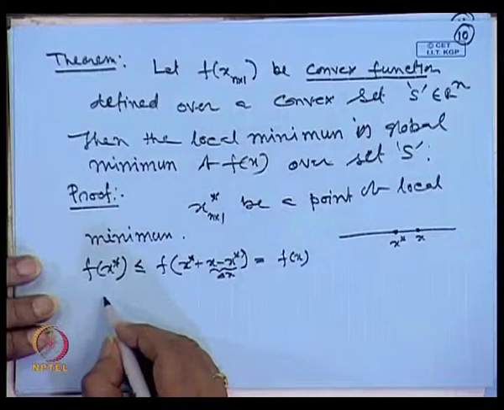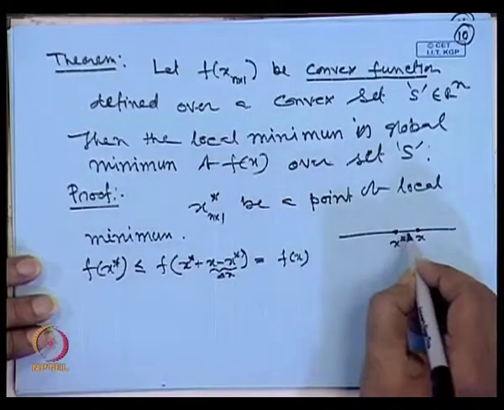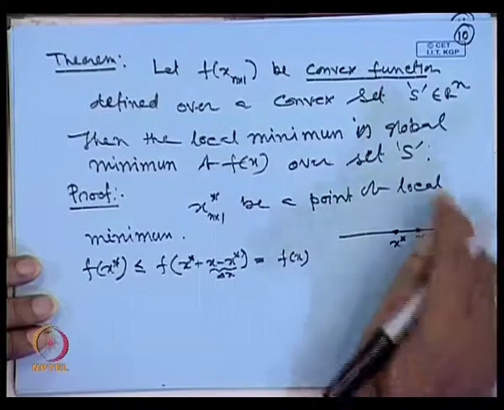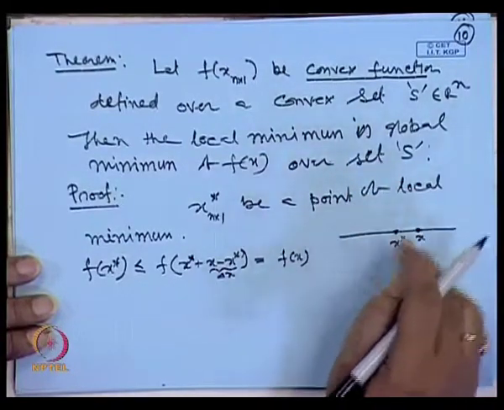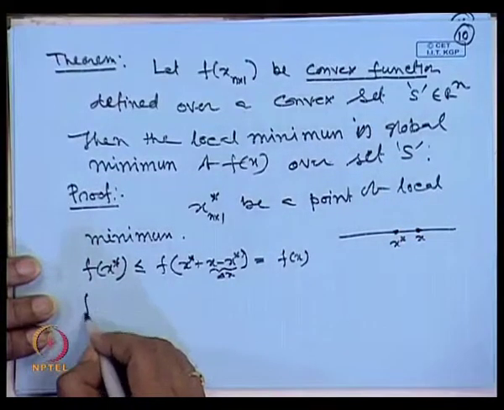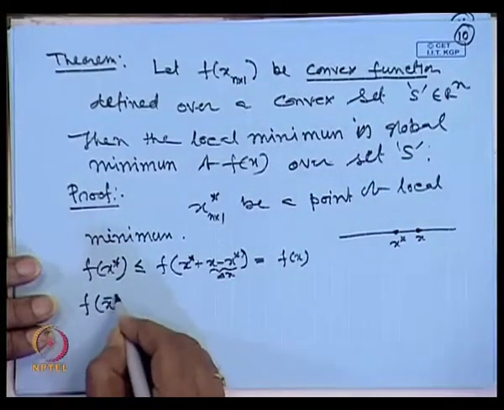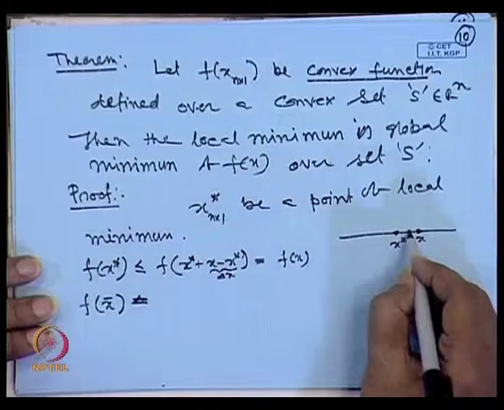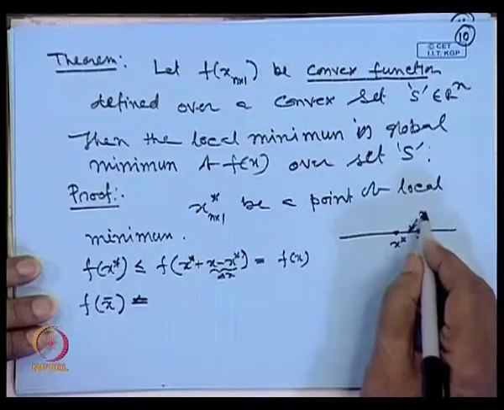Now these 2 points belong to a convex set. For any point on the line between them, let us call this point x bar.